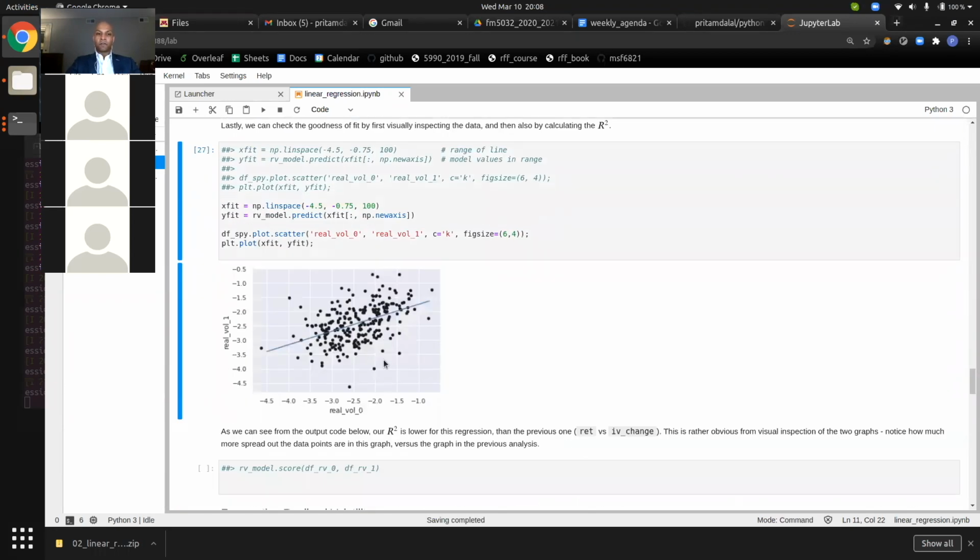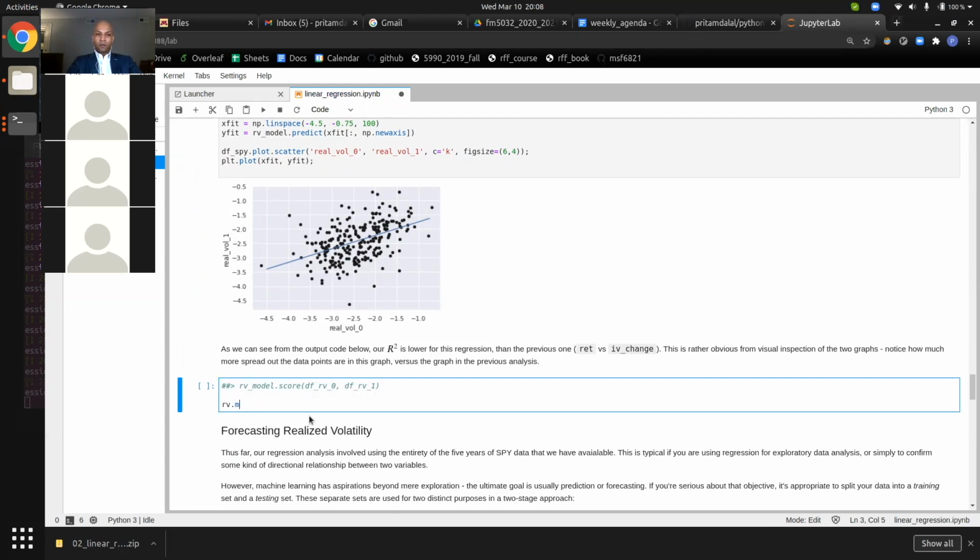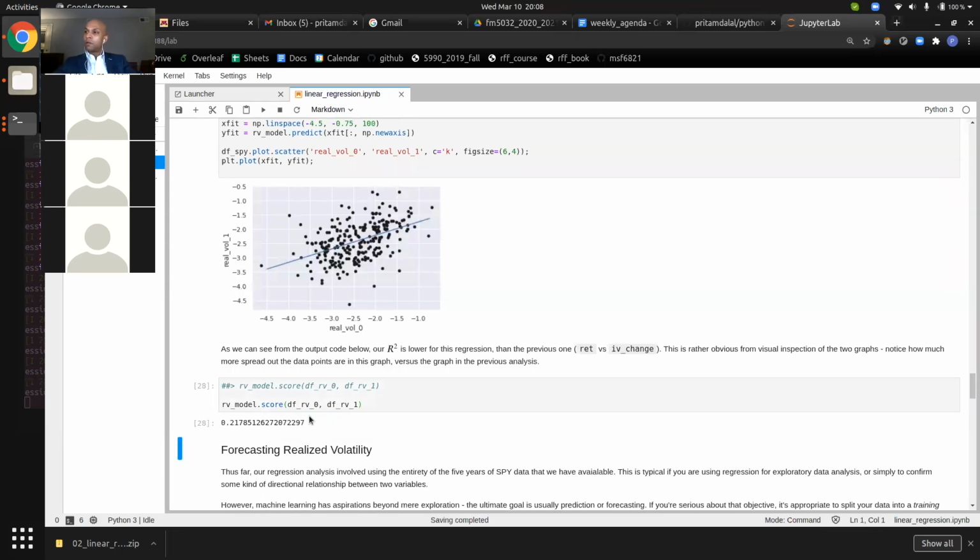Cool. So there's our fitted line. And we can, of course, check the R squared with the score method. Since this is an actual predictive situation where we're looking at something currently and seeing how well it predicts it in the future, there's a more modest R squared.